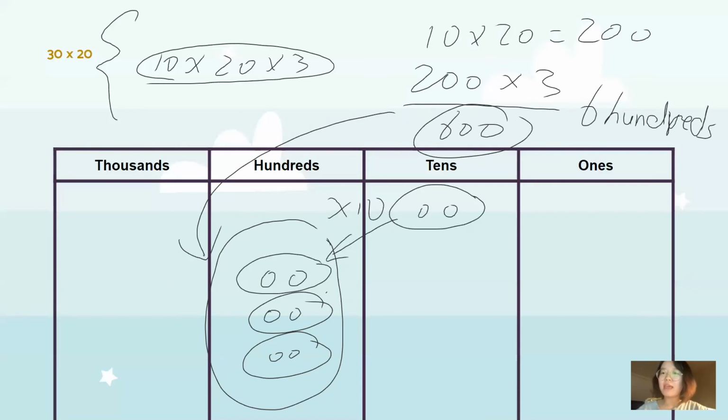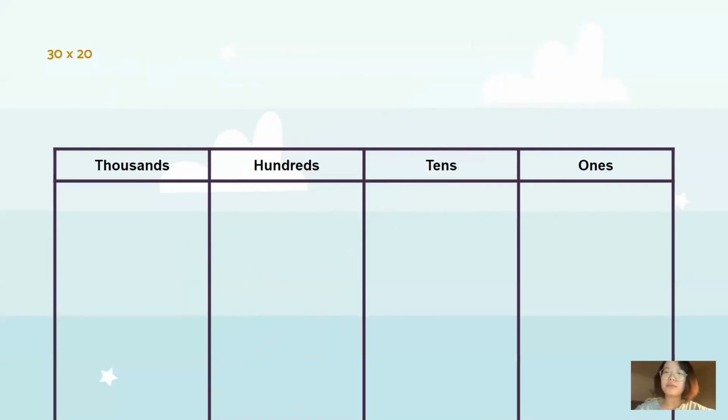Okay, and let's use 10 times 30 times 2 to put down the place value chart to see if we can use this expression to solve 30 times 20. So let's try to solve 10 times 30 first.